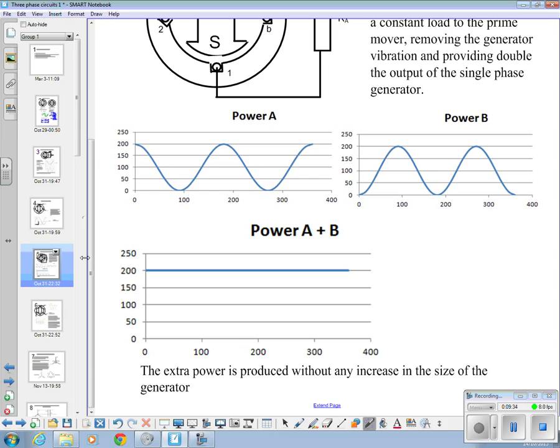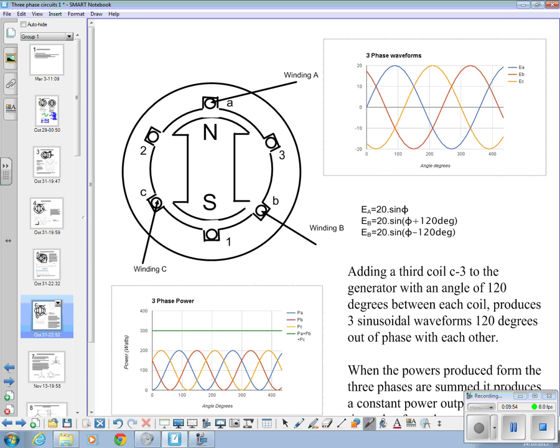That's just by adding one phase. So if this 20 volt 10 amp generator is giving us 200 watts and that's a flat line 200 watts into this load.